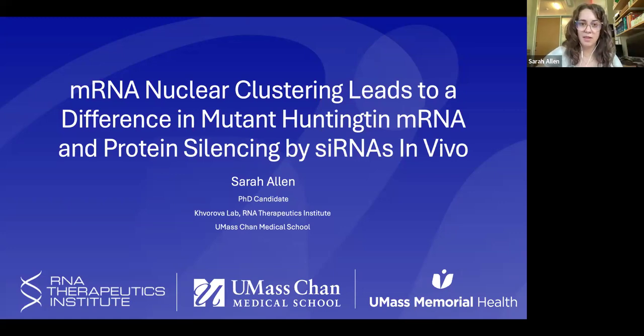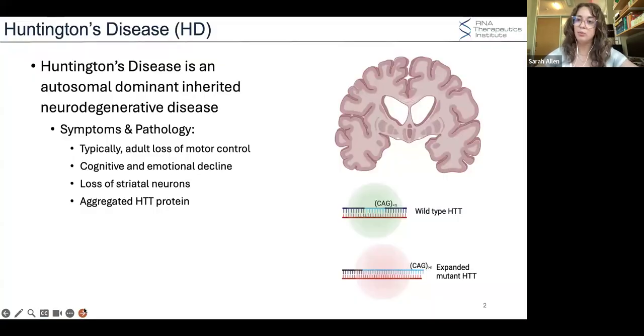So just to begin with, the background for this project is working to develop siRNAs as therapeutics for Huntington's disease. Huntington's disease is an autosomal dominant inherited neurodegenerative disease and is generally marked by a loss of motor control in adult onset, both cognitive and emotional decline, a death of the medium spiny neurons within the striatum, and this aggregated Huntingtin protein, as well as clustered Huntingtin mRNA.